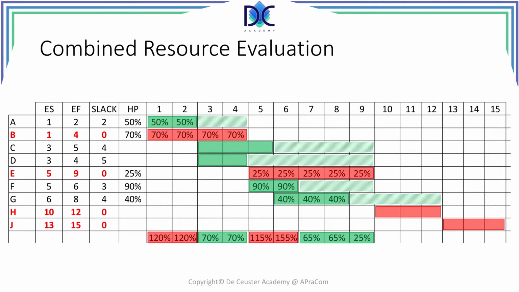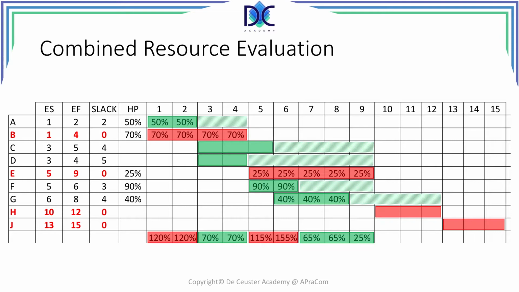The only thing we can do here is extend the duration of activity A. But we have to be careful because A has 2 successors, which are C and D. So when we extend the duration of activity A, it would also have an effect on the start time of activities C and D.